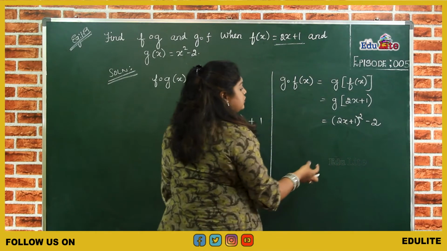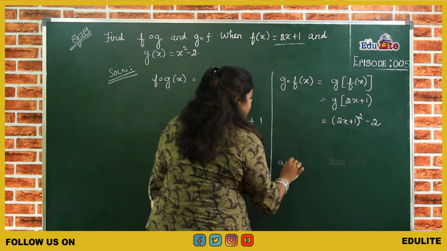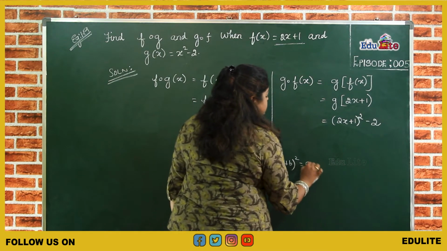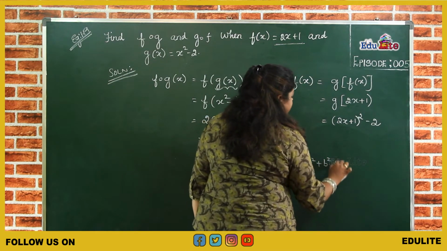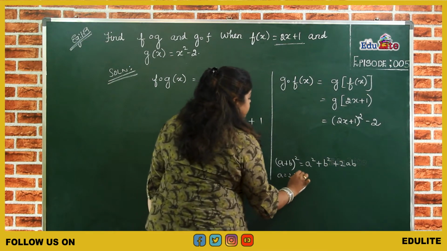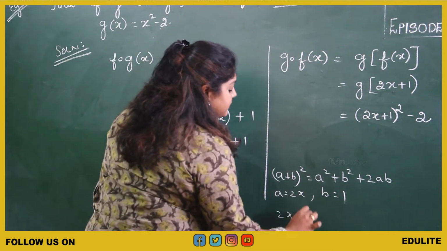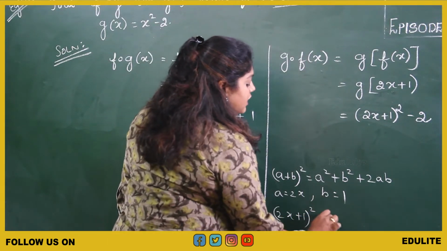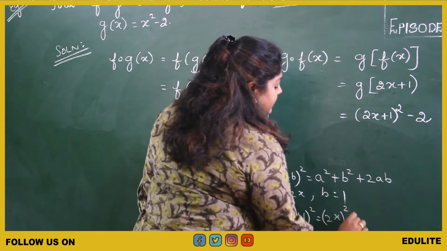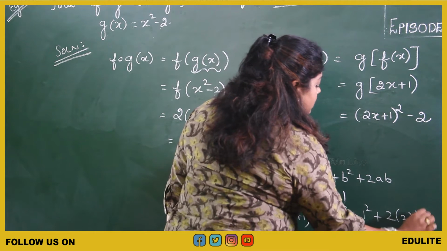Next step, we have to expand this using the (a plus b) whole square formula. (a plus b) whole square is equal to a square plus b square plus 2ab. a value is 2x and b value is 1. Substituting it, we will get (2x plus 1) whole square is equal to (2x) square plus 1 square plus 2 into 2x into 1.